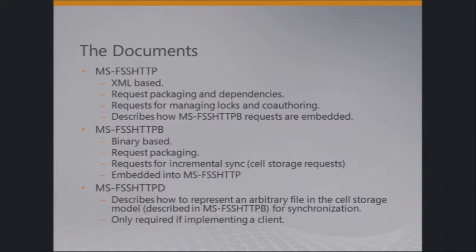The reason why we have binary at this level and XML at this level is there's a bunch of pragmatic aspects to that. The main one is that we end up with a lot of actual binary content data in the self-storage layer, and we wanted the most efficient way to be able to represent that, and encoding it in the XML was actually going to be very inefficient and take away a lot of the wins that we were after.